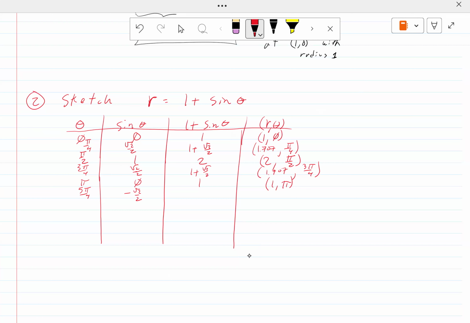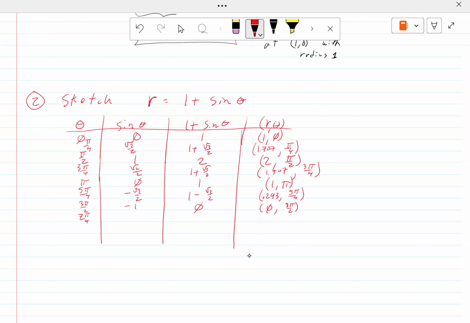So this is going to be 1 minus radical 2 over 2, which is about 0.293. So this is 0.293 and 5 pi over 4. Okay, 3 pi over 2. That's going to be a negative 1. 1 plus negative 1 is 0. So this is going to be 0 and then 3 pi over 2.